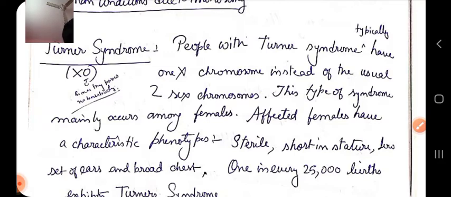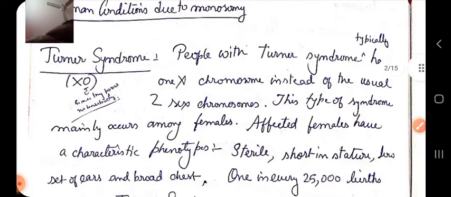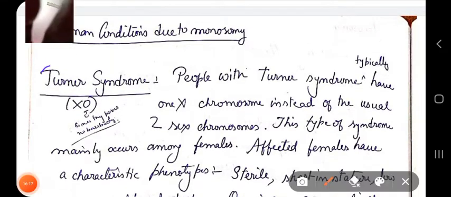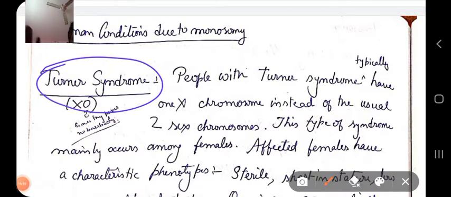The rest of the full monosomies are lethal and individuals cannot survive the developmental phase. Other full monosomies are possible, but they are deadly. They will die during the developmental phase.